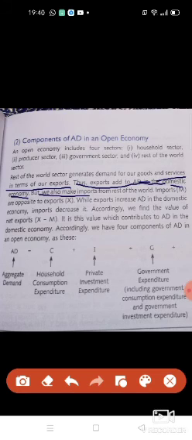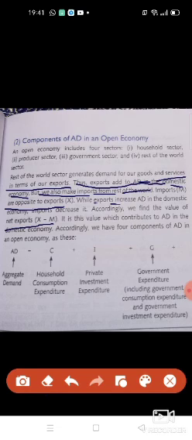But we also make imports from the rest of the world. Imports are opposite to exports. While exports increase AD in the domestic economy, imports decrease it. Accordingly, we find the value of net exports positive when exports are more than imports.